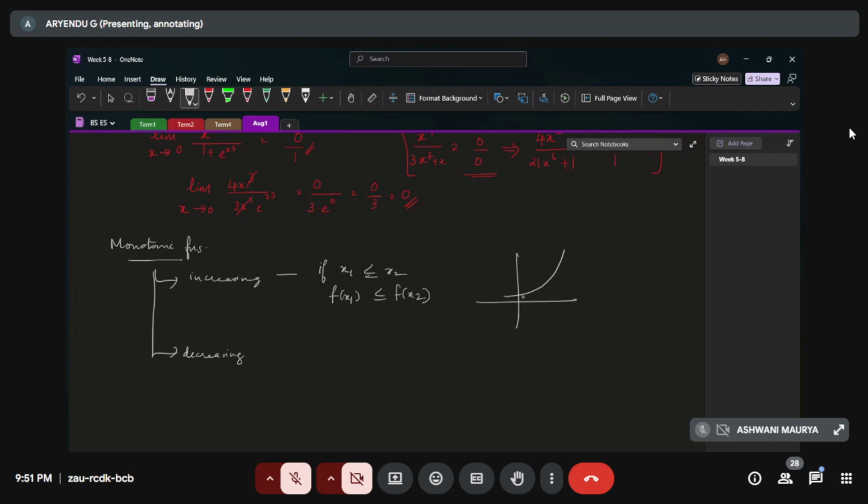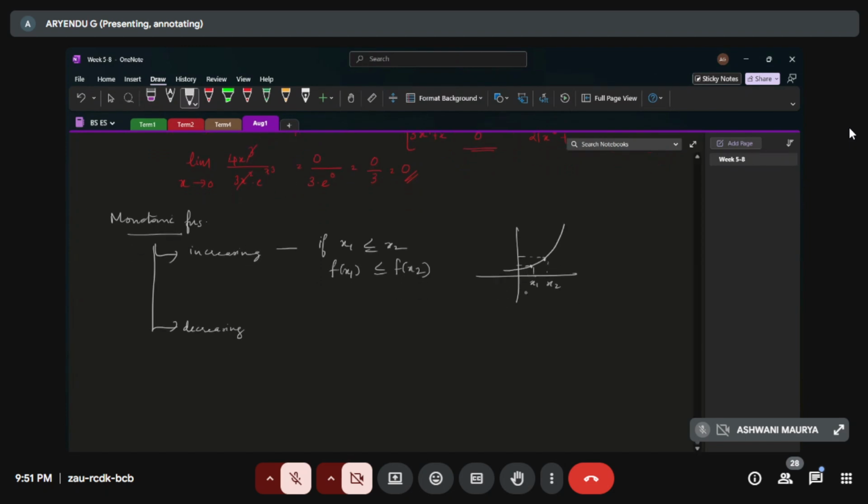It is always going up only. If this point is greater than this point, then f of x1 will always be less than f of x2.